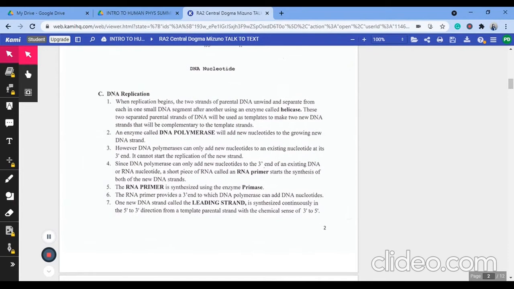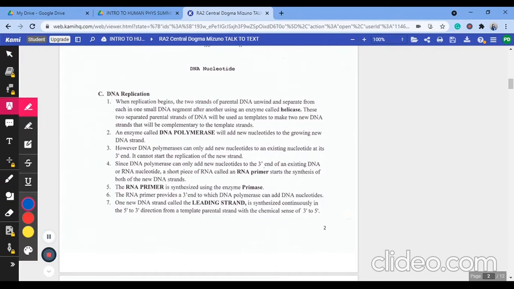So DNA replication. When replication begins, the two strands of parental DNA unwind and separate from each other, one small DNA segment after another, using an enzyme called helicase.